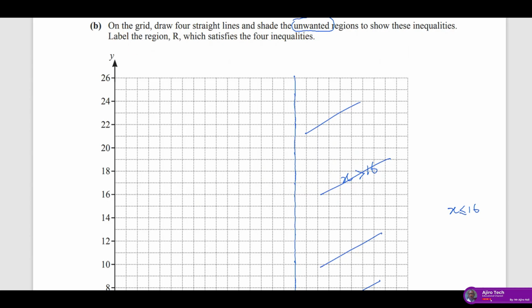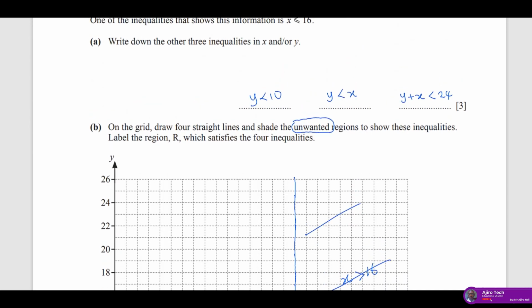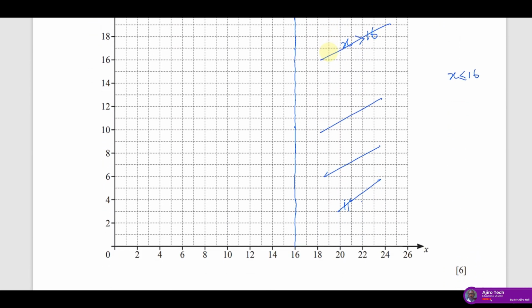Okay, so the next equation is y less than 10. This one is a single inequality, so it is drawn as broken lines, or discontinuous lines. Since it's only involving y, we go to the y-axis and draw a line that involves only y. That should be a horizontal line. So broken lines like this.